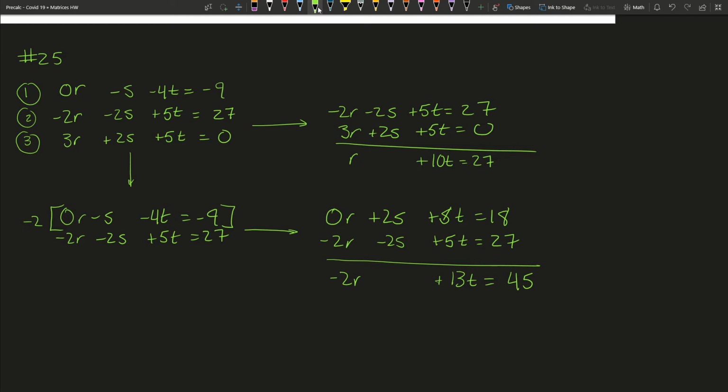Okay, any questions about what I have on the screen so far? So this is eliminating it to get down to a system of 2 equations from a system of 3.